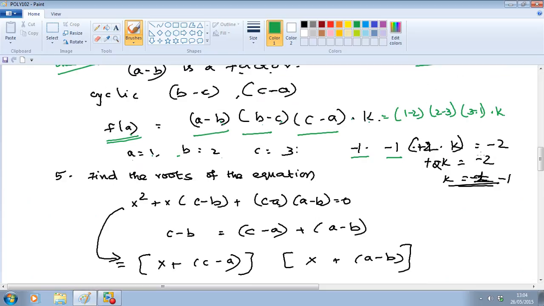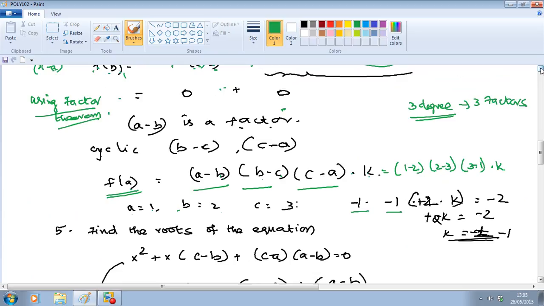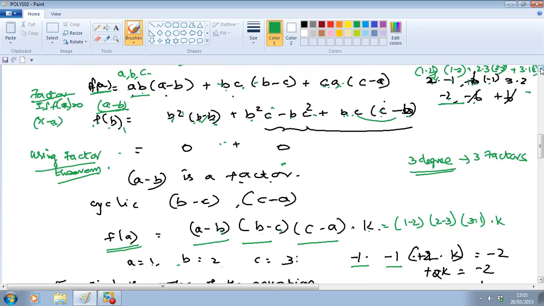Please repeat the values and work it out yourself. And the total will become minus 2. So f of a, if we apply this 1, 2, 3 value, it becomes minus 2.